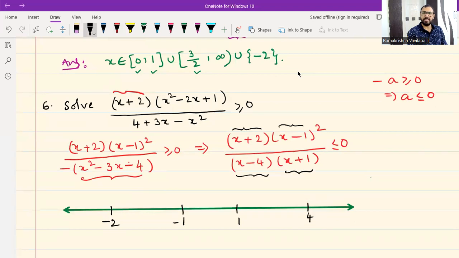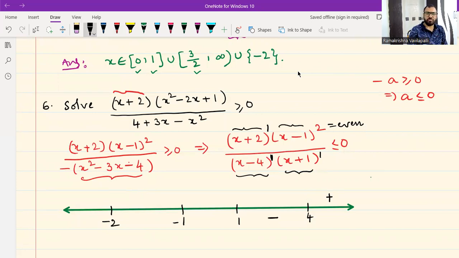Here we have 3 odd powers and 1 even power, right? So you will see the sign changes at 3 places and no sign change at only 1 place. Now keep the positive sign on the rightmost. Now corresponding to 4, the root of multiplicity is 1, so there is a sign change.